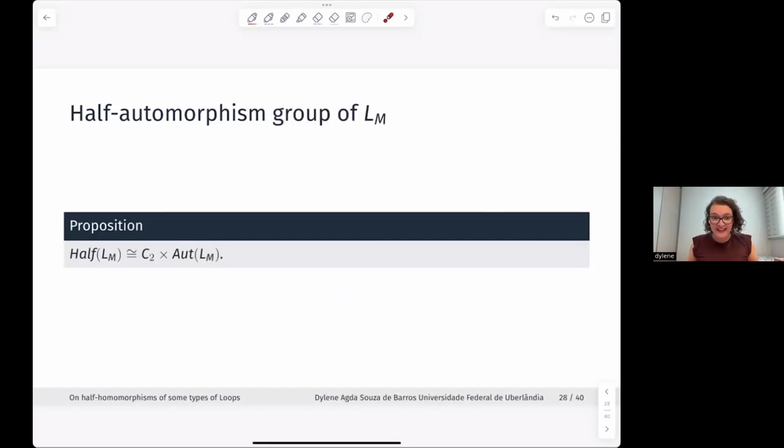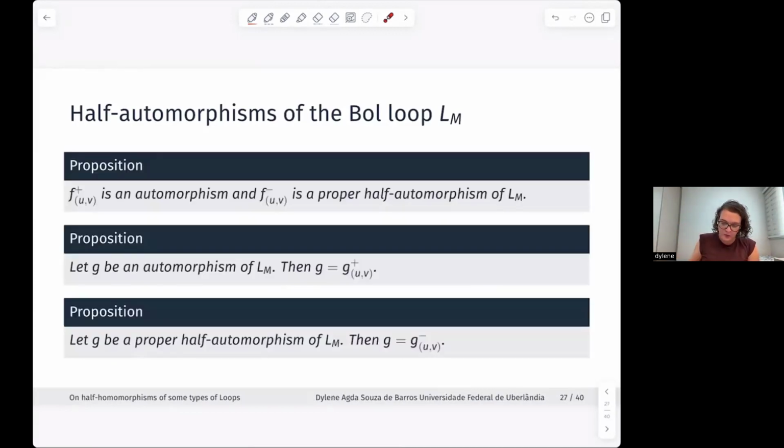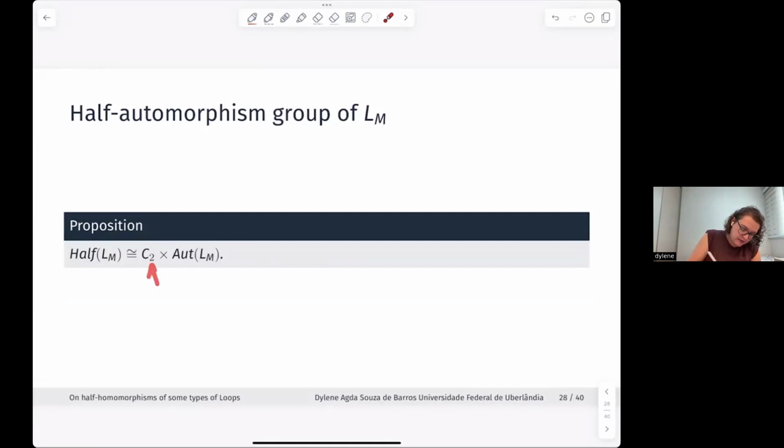With that, the group of half-automorphisms of Ln is simply C2 times the group of automorphisms of Ln. This C2 comes from this x minus 1, because we have to exchange x and x minus 1 depending on A. So this C2 part comes from this x minus 1 that happens here, okay?